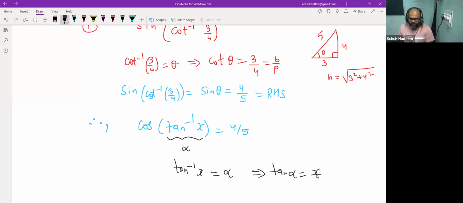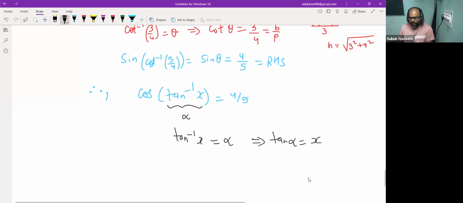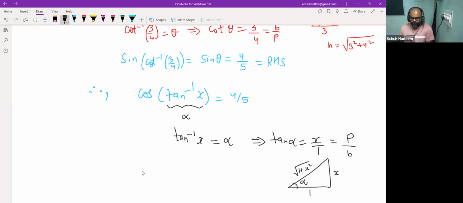In earlier cases, the value was given, here the value is x. So take x only and take it as perpendicular by base, as tan is perpendicular by base. And this is angle alpha, this is x, this is 1. So hypotenuse will be root over 1 plus x square.